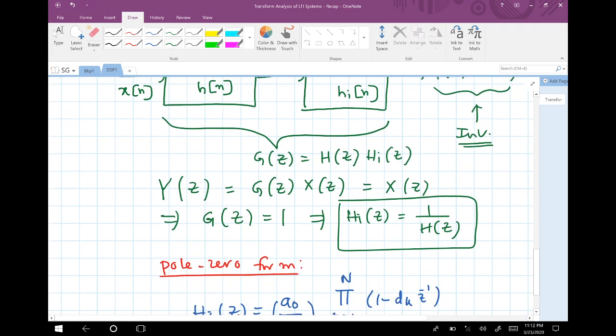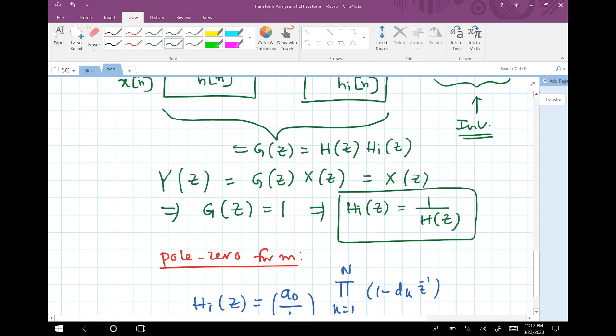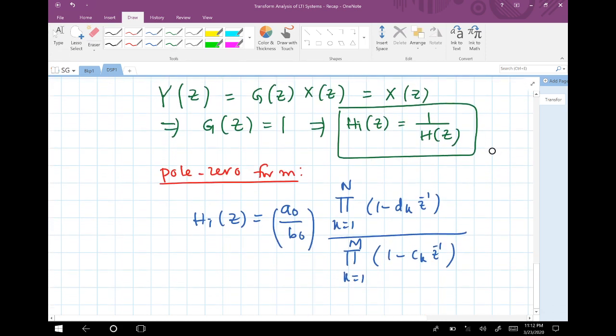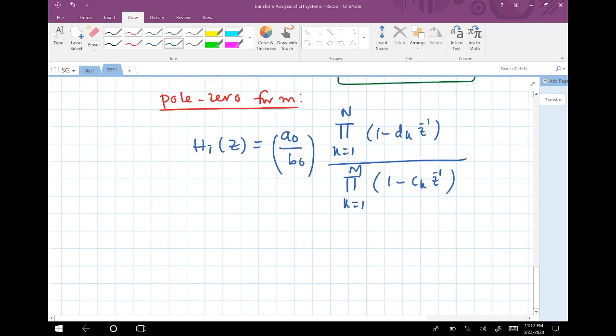Now let's call the equivalent of it in the time domain g of n. How can we express y of n? Y of n is nothing but g of n convolved with x of n.